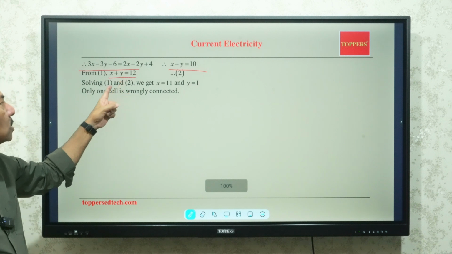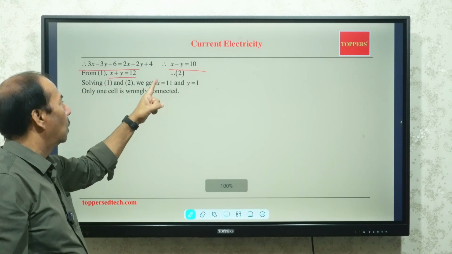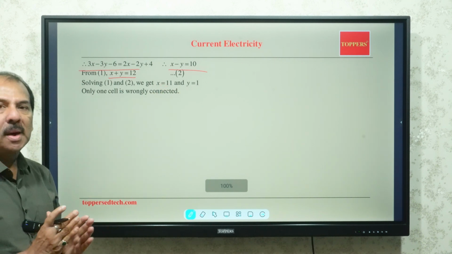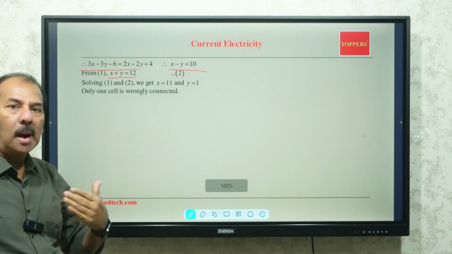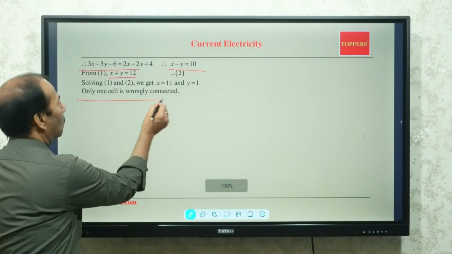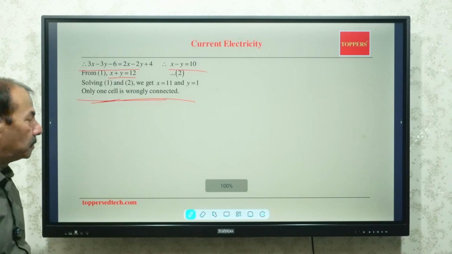Simplifying these two equations, you get the values of X as well as Y. X is 11, Y is 1, meaning 11 cells are connected correctly and one cell is connected wrongly, in the opposite direction of all these 11 cells. So only one cell is wrongly connected. I hope this is clear.